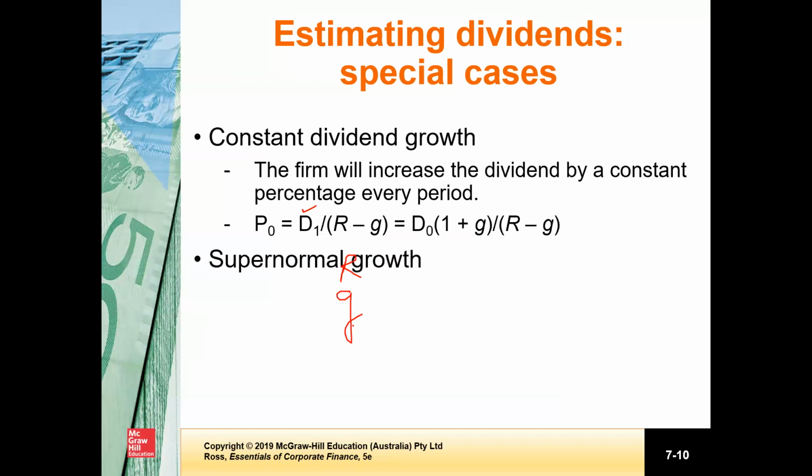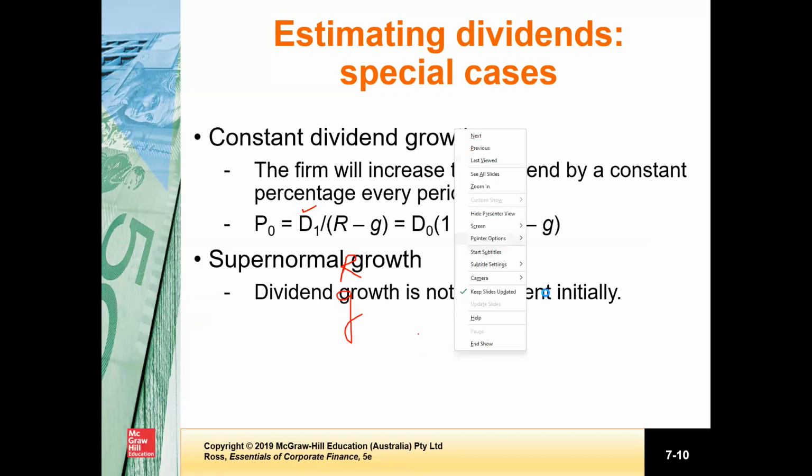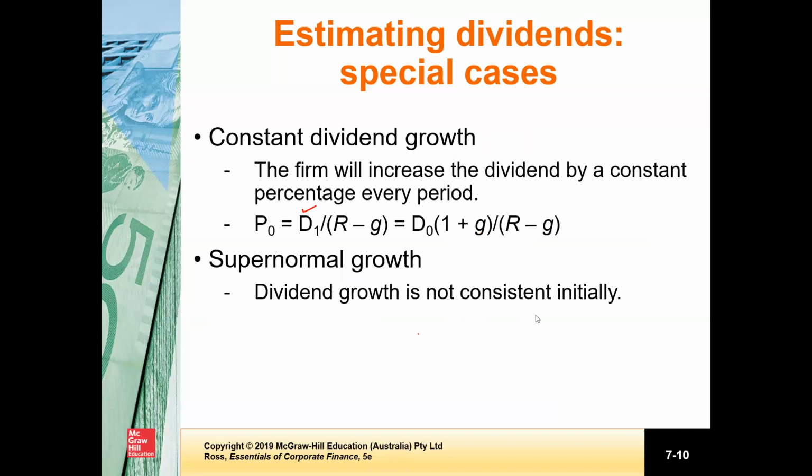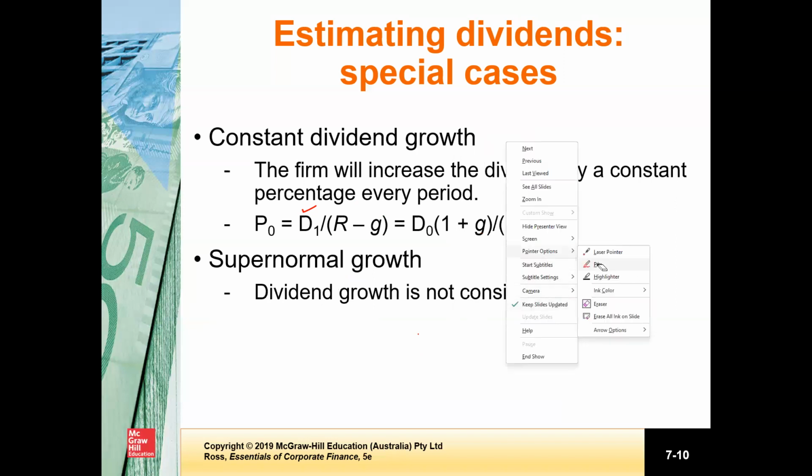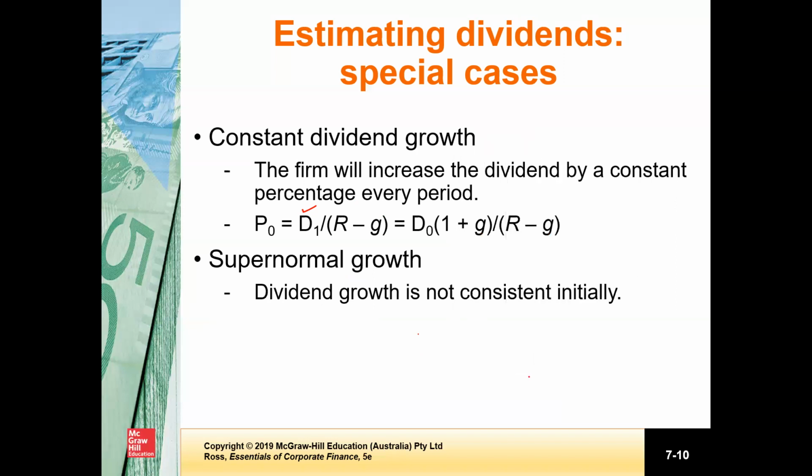Then another special case is supernormal growth, which is also called non-constant growth. Non-constant growth or supernormal growth means the dividend will grow at a different rate.